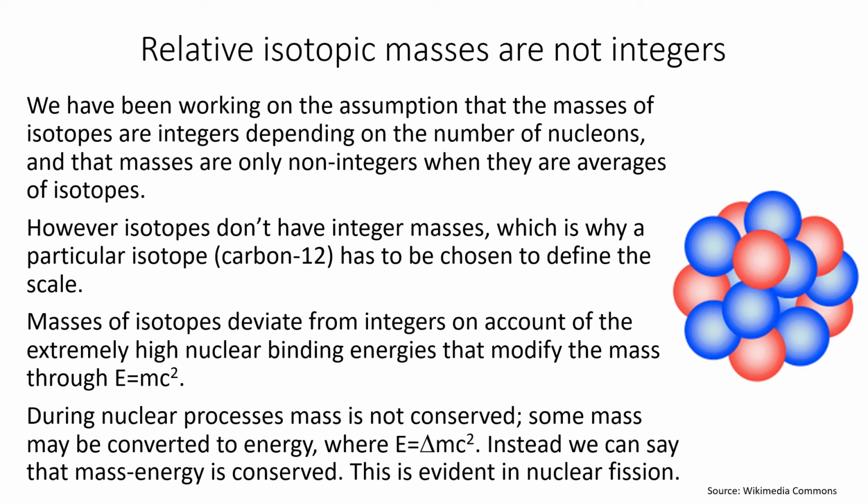That's probably a better way of writing it, where Δm is a very small change in mass associated with the reaction, which you multiply by c² to convert it into energy. Of course, c is a big number, the speed of light, 3 × 10⁸, and then you square that, you've got a massive number, 9 × 10¹⁶. So you can see that just a very small amount of mass needs to convert to energy to get very large energies. That's why the sorts of energies we see in nuclear reactions just dwarf the sorts of energies we see in chemical reactions.